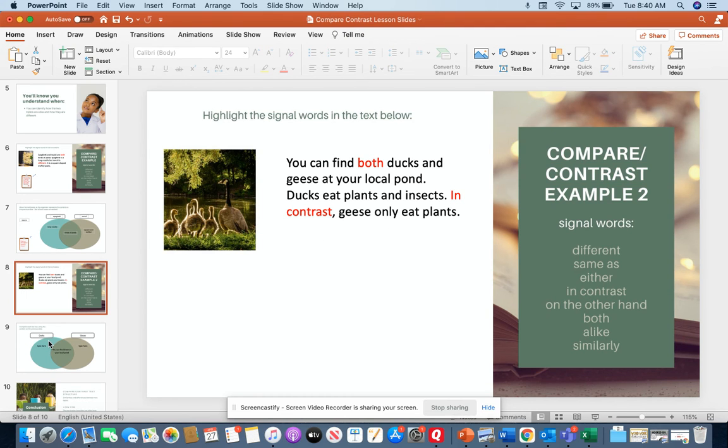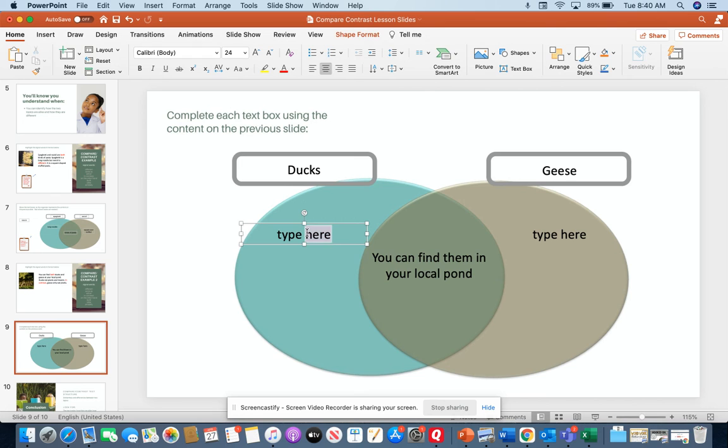All right, ducks eat plants and insects, and then geese eat only plants. So here, that's how they're the same. You can find them in the pond. Ducks eat insects and plants, and geese eat only plants.